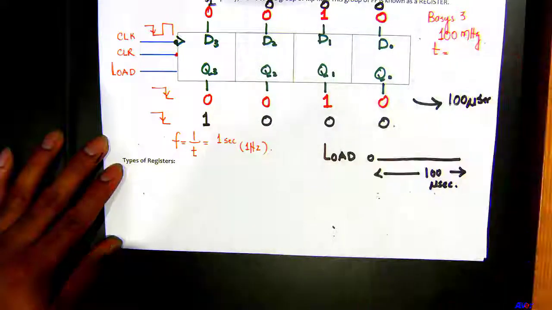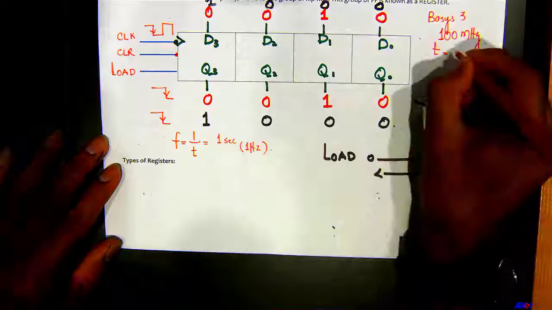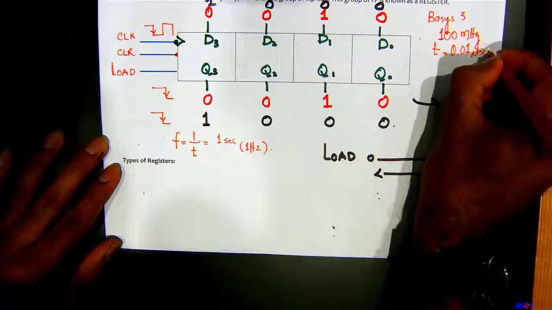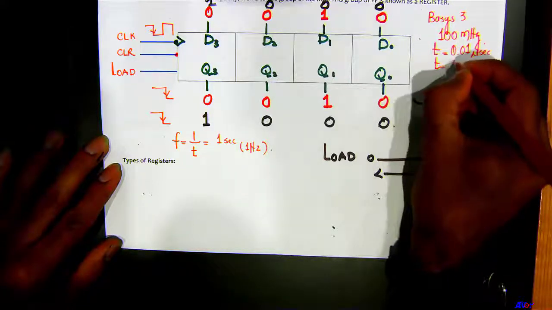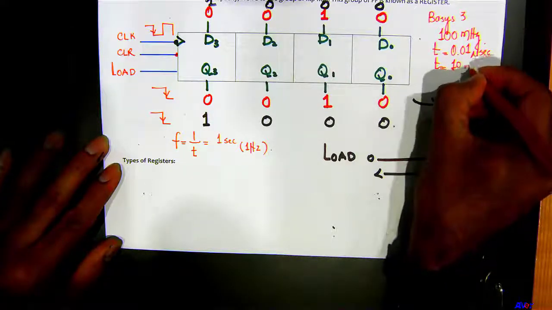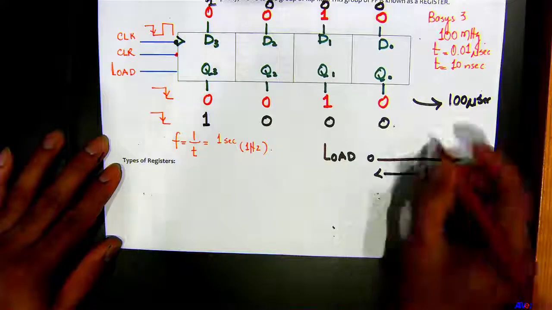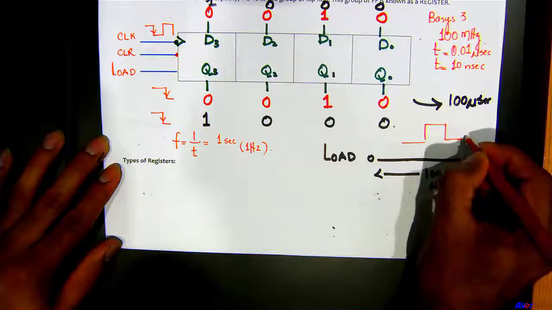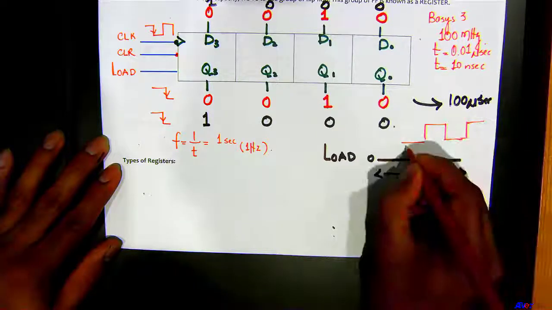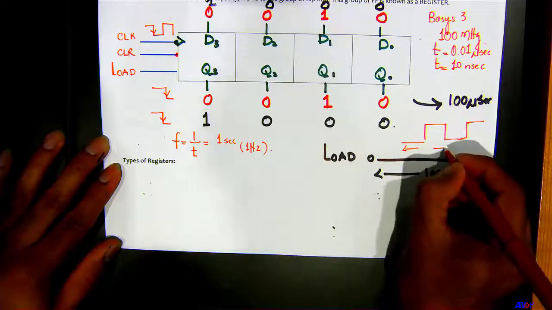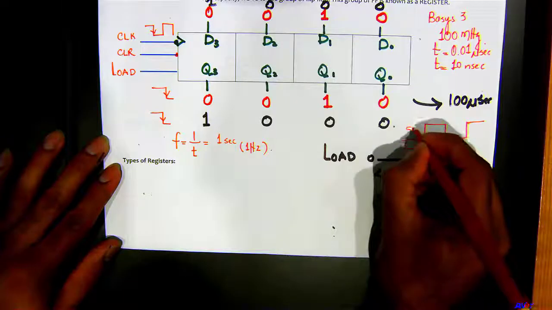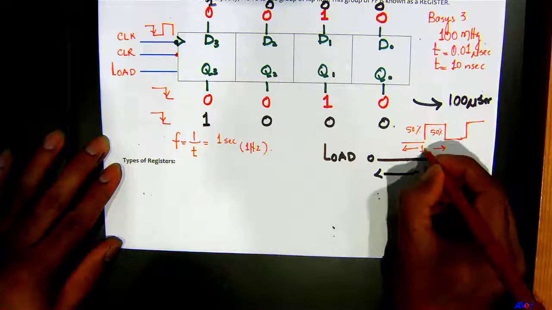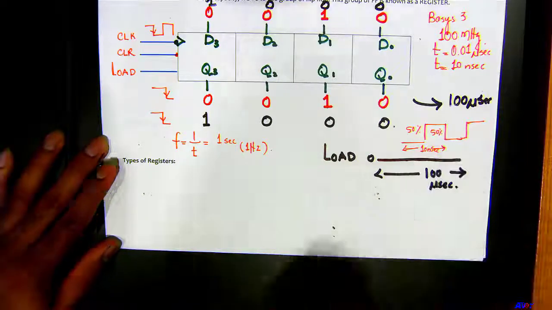The reciprocal of that would be 0.01 microseconds, or in other words 10 nanoseconds, right? What does that mean? When you have a clock like this, one complete cycle, which contains 50% duty cycle low and 50% duty cycle high, equals 10 nanoseconds. So it's really fast.